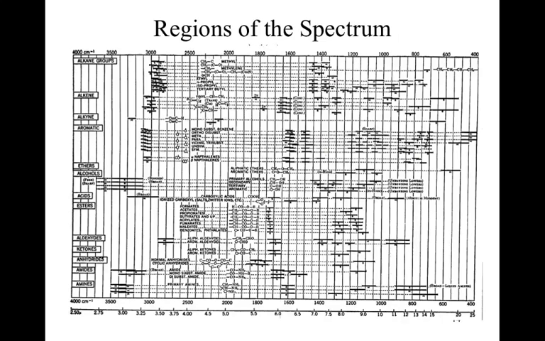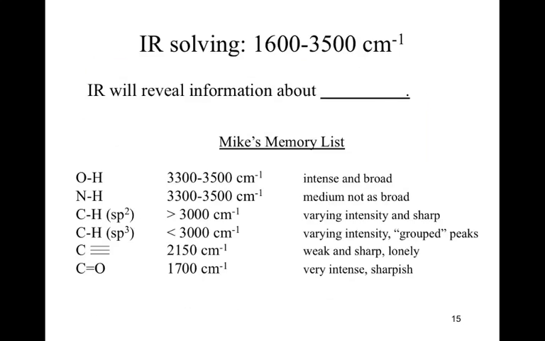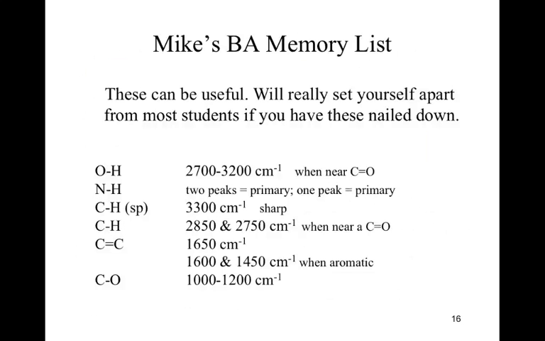Please don't. That's way more work than you should ever want to do. Okay? But if you memorize the rest of these that are on my BA list, then you'd be pretty solid when it comes to IR, and you could probably get away with solving almost anything I throw at you with just the IR without having to deal with other stuff. So it is going to be kind of helpful to go through and spend that time.